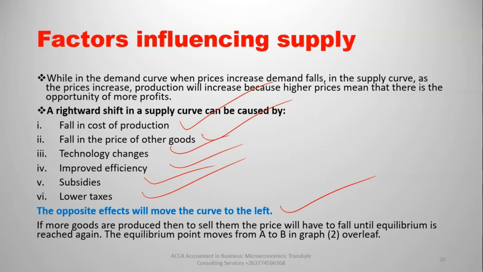And if the question is asking you which factors might lead the supply curve to move to the left, you just have to think of the opposite of those factors which cause the supply curve to shift to the right. So simple. Now, if more goods are produced, then to sell them, the price will have to fall until equilibrium is reached again. The equilibrium point moves from A to B in graph 2 overleaf.